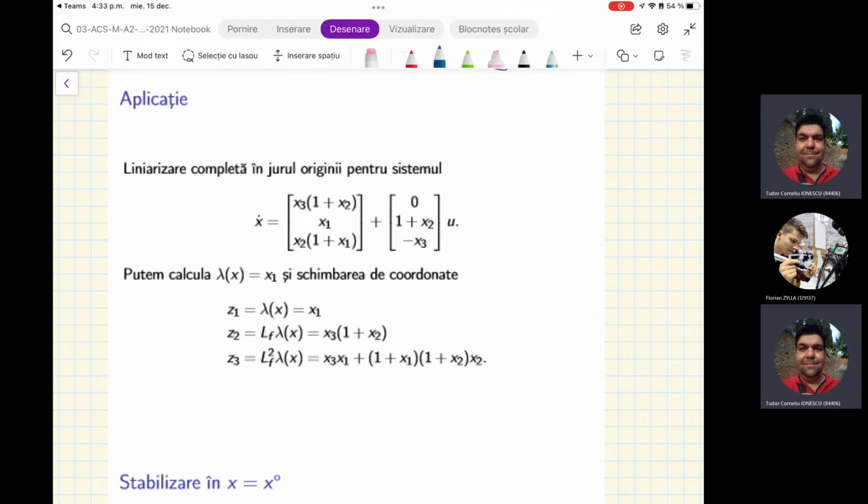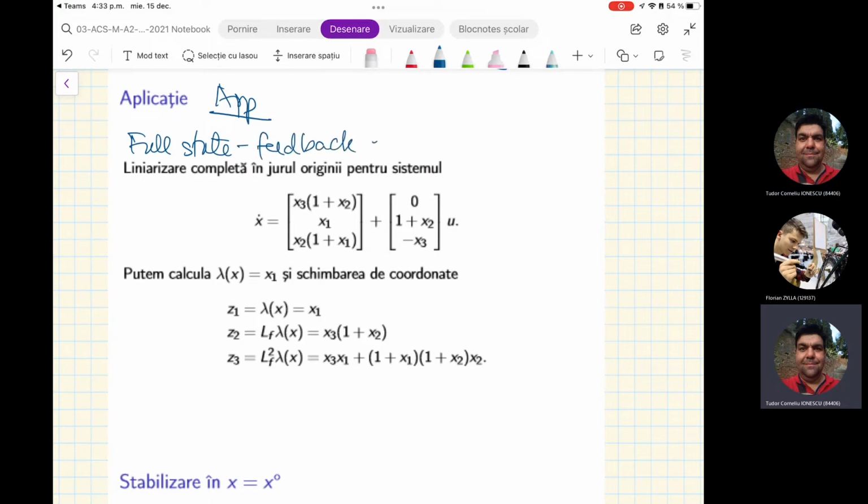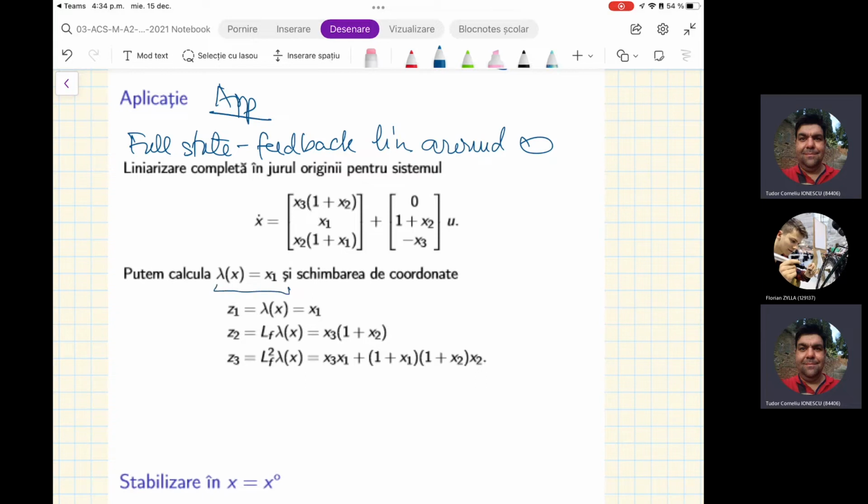So we try to do a full state feedback linearization around the origin of this nonlinear system. Okay. We compute lambda x1, and then we take this hx, and we do this change of coordinates.